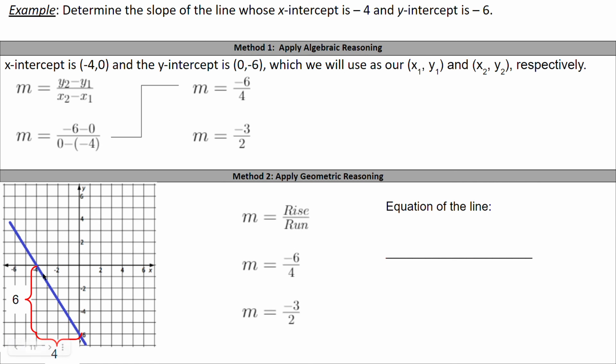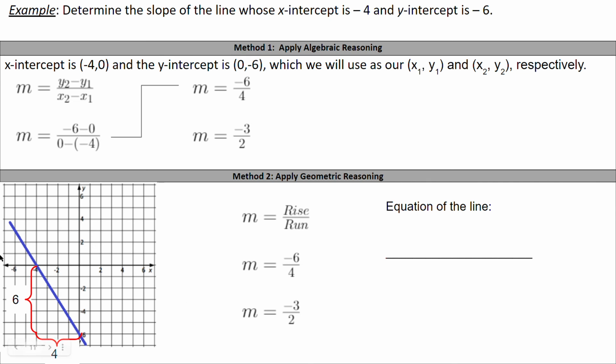But keep in mind that it's easy to calculate the rise and run of a line using its intercepts, because the x-intercept and the y-intercept technically give you the distance from the origin. So a y-intercept of 6 or -6 means it's a rise or a fall of 6. Likewise, an x-intercept of 4 or -4 is just a run of 4 or of -4.